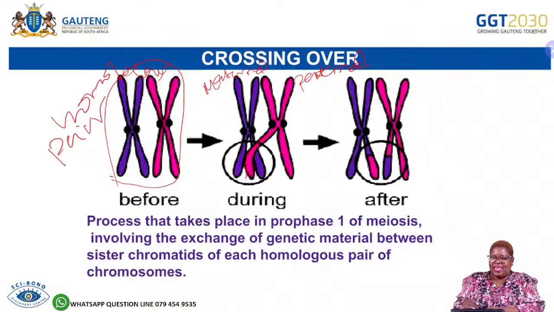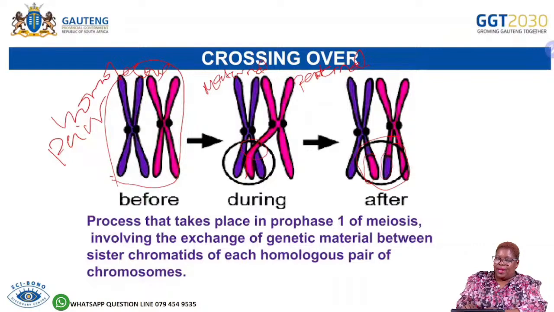They are overlapping here. The point where they are overlapping, we call the point of chiasma or chiasmata. Remember, crossing over leads to variation. So crossing over has taken place here. Look at the next, that is after crossing over has taken place. What is going to happen? That's when we talk about those sections that are different.